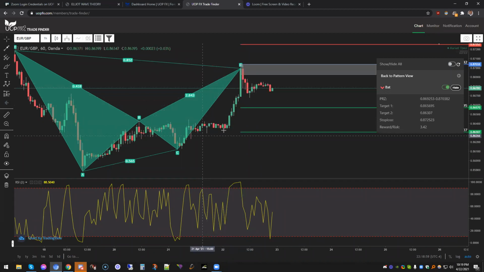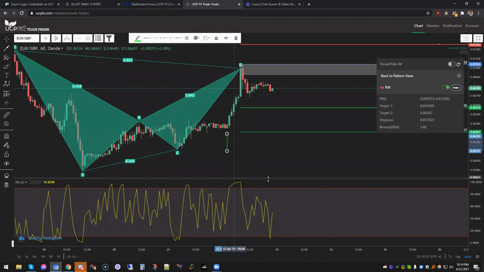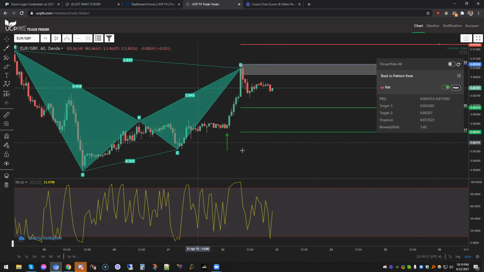Let's see where the open of the European session was. So here you have 2 a.m. Let me just put an arrow here. Do you see this? This is 2 a.m. Eastern Standard, so this is between 2 and 3. Now this is where the market is opening.